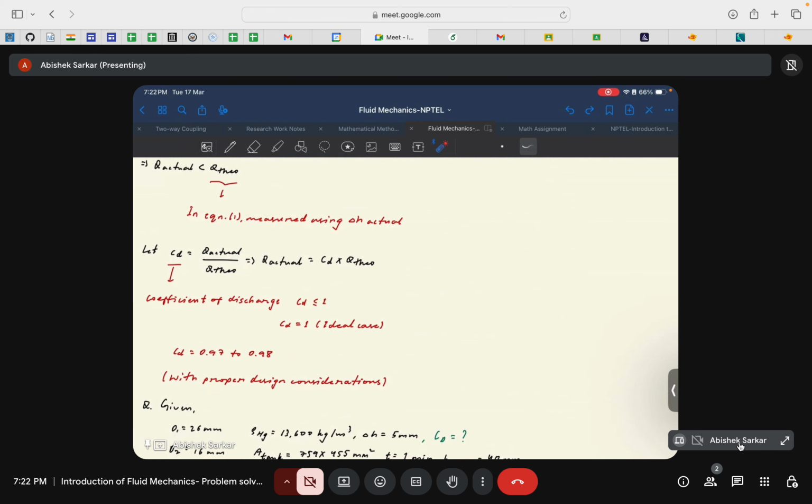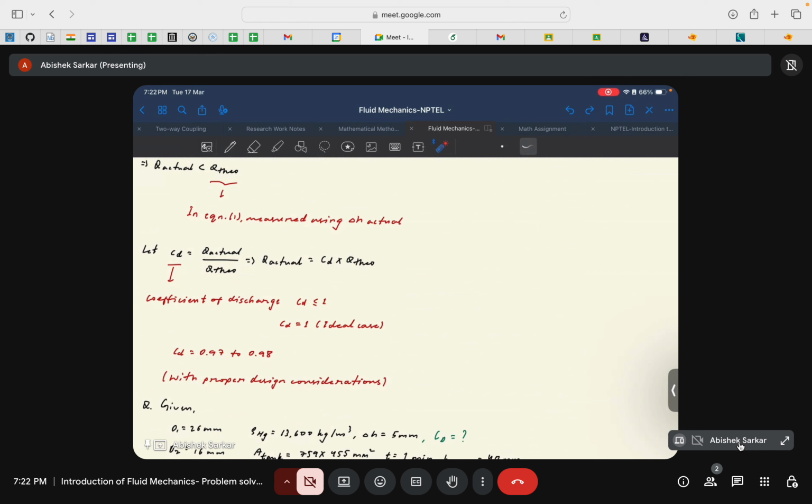Of course, it has again been found out using empirical analysis. They have done several experiments and measurements of the actual and found out the relation between the actual and the theoretical volume flow rate, and found out that the coefficient of discharge usually falls between these two values.